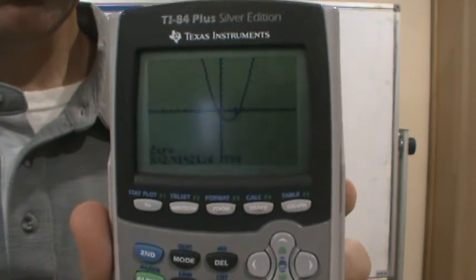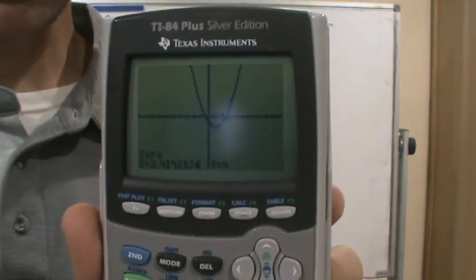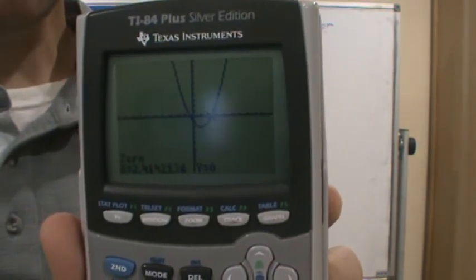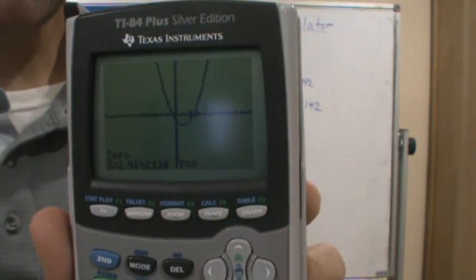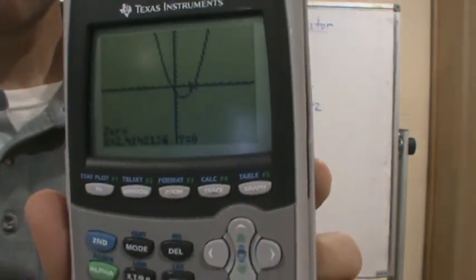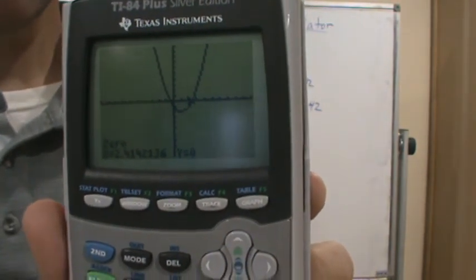So they're estimating. But what I'm showing you is a way to use the calculator to get the exact answer out to a certain number of decimal places. So when you look at the examples in the textbook, I'm just showing you a little different way to do this on the calculator that gives you a much more accurate answer.